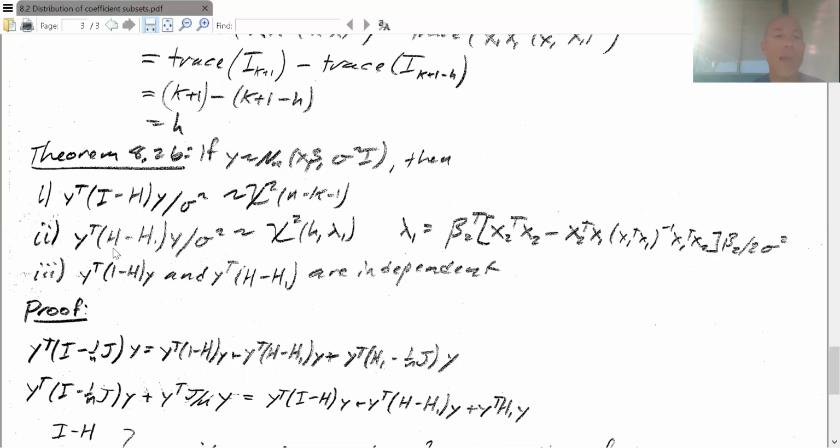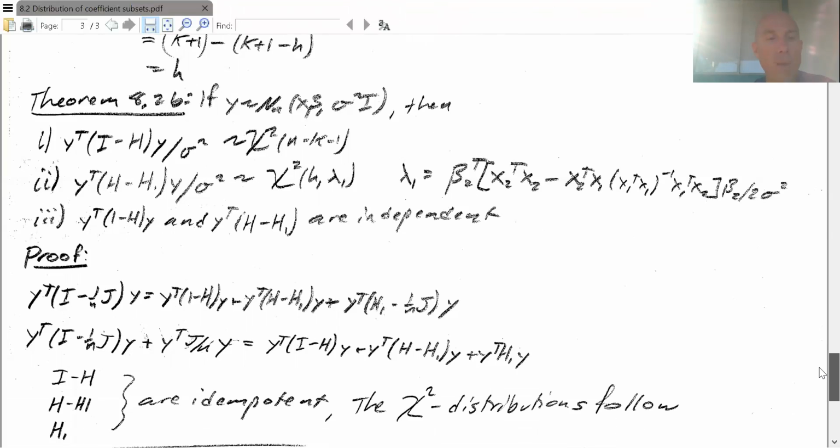Y transpose (h minus h1) y over sigma squared, that quadratic form is distributed chi-squared with h degrees of freedom and non-centrality parameter lambda 1, where lambda 1 is this thing right here. And then furthermore, the numerators of both of these are independent.